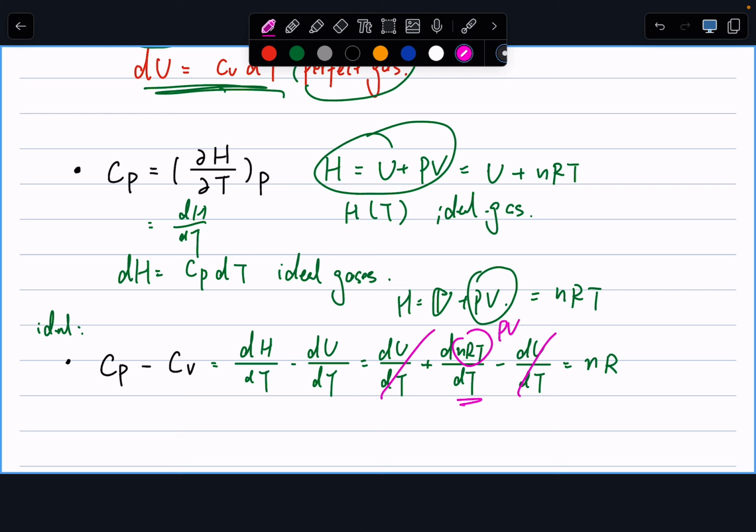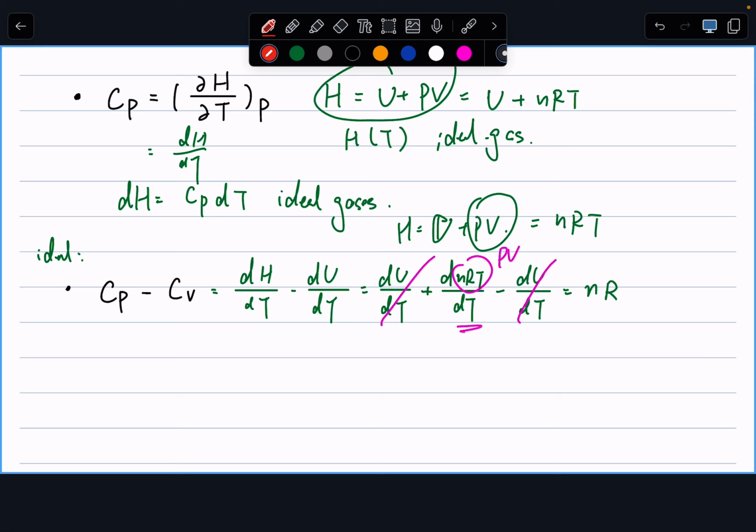So this is a super quick derivation to say that for ideal gases, the difference between your Cp and Cv equals n times your gas constant R. Now let's do it in the general way that we did last time. To refresh your memory, in our last lecture we derived Cp minus Cv equals the partial of U over V at constant T, our internal pressure, plus pressure times the partial of V over T at constant P. That's generally true.